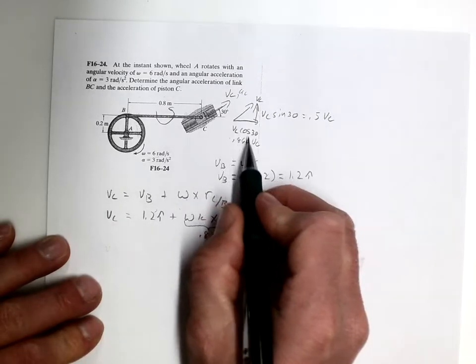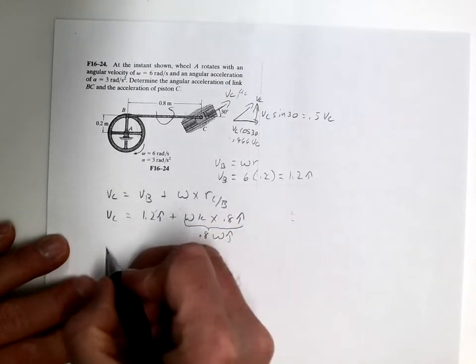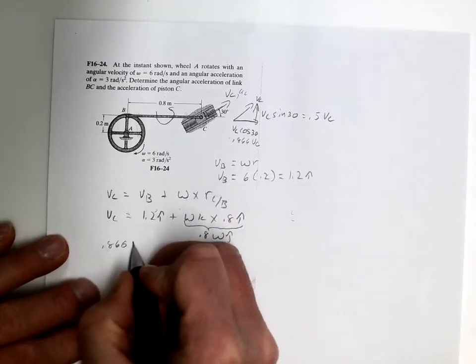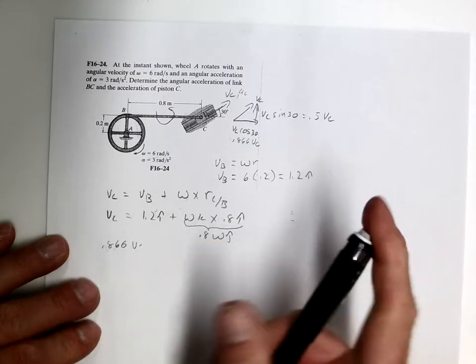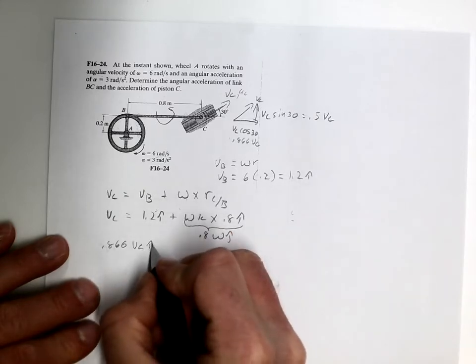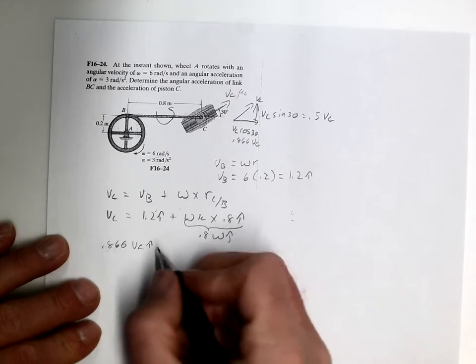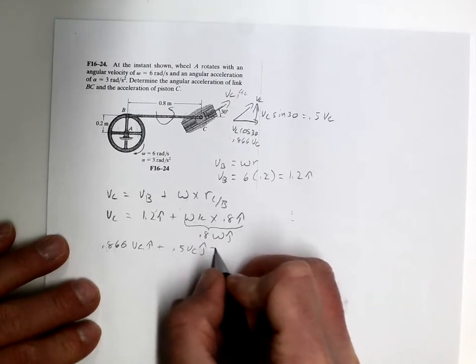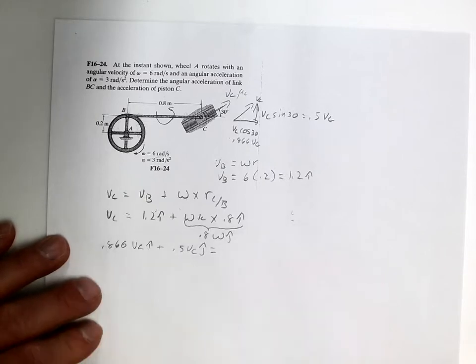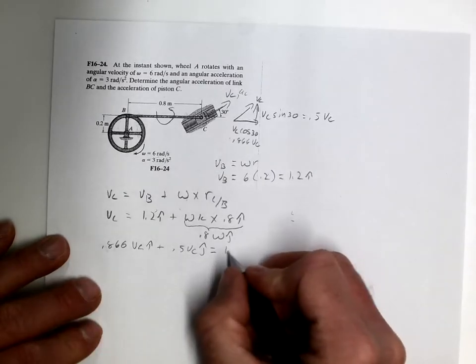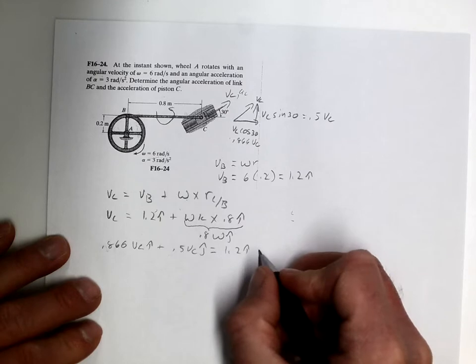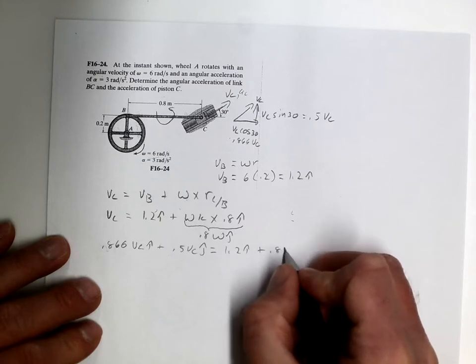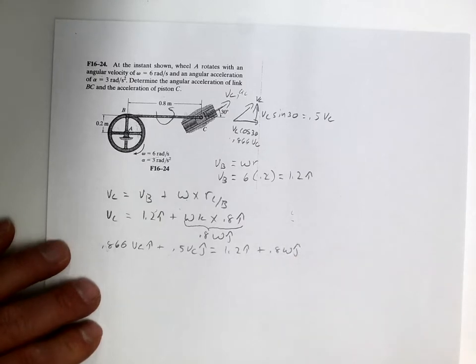That's going to be 0.866 VC in the I direction plus 0.5 VC in the J direction, and that's equal to 1.2 in the I direction plus 0.8 omega J.